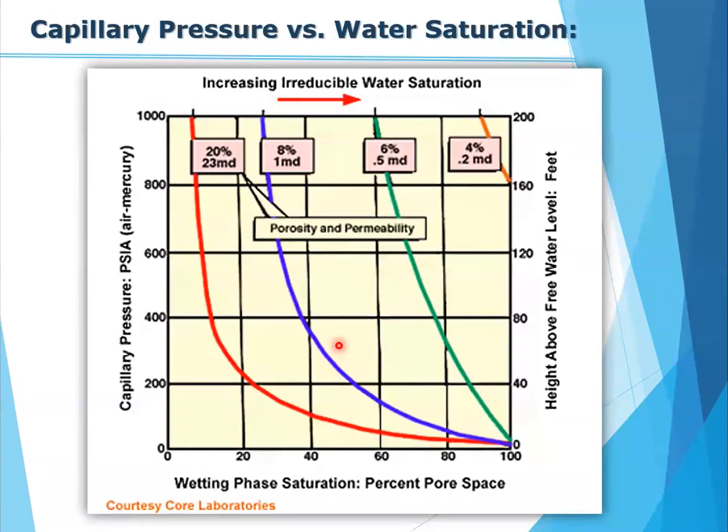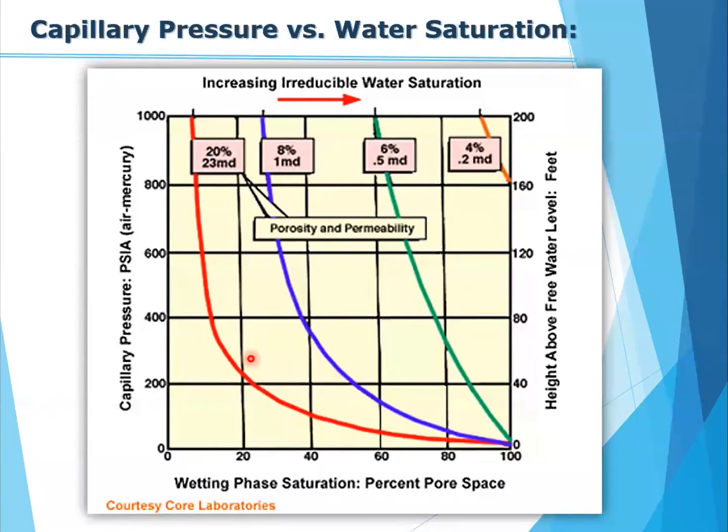So if we have a 20% porosity, 23 millidarcies, it would be a wonderful reservoir. And we will see that the practical oil-water contact is not much above the theoretical level. So this transition zone is very minute. We may have a couple of meters of transition zone, but above it, we will find good saturations in the reservoir, and we can produce.